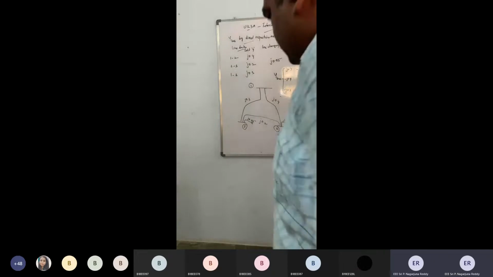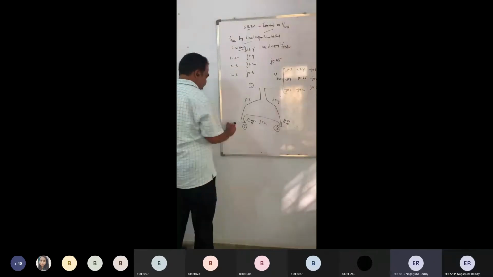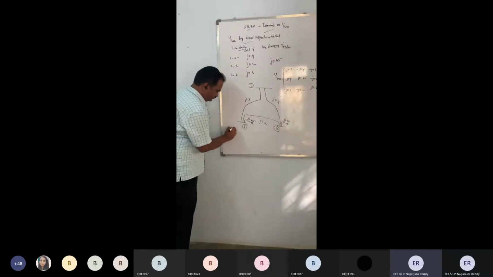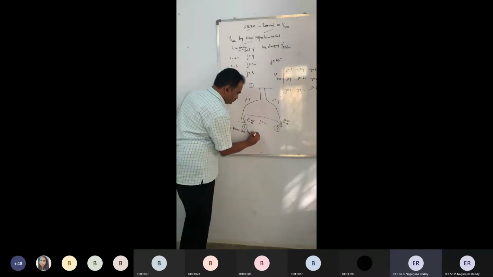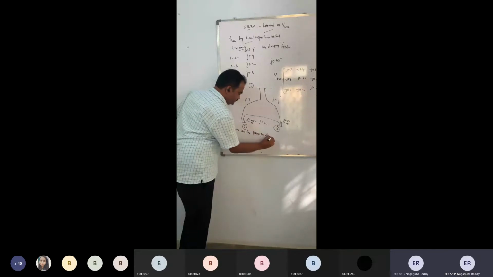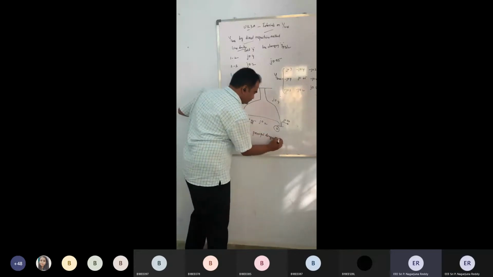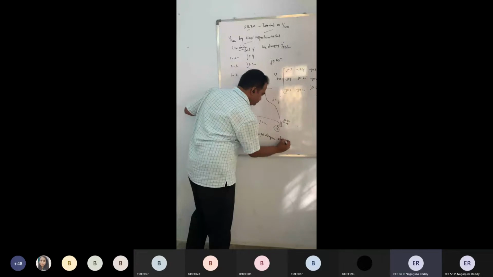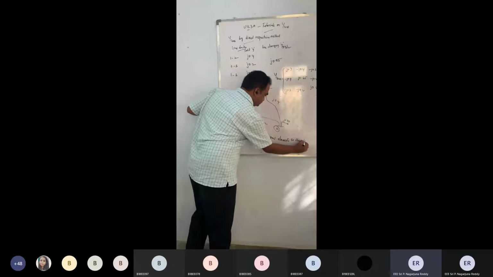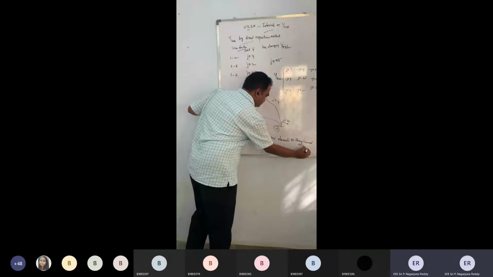Now, they have asked a very typical question. How can the principal diagonal element be strengthened in Y-bus?